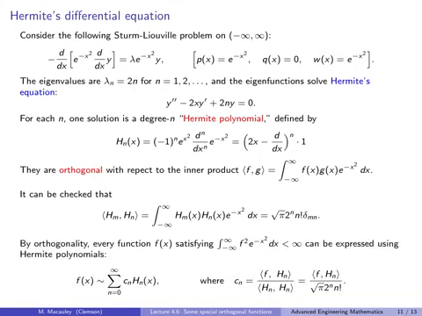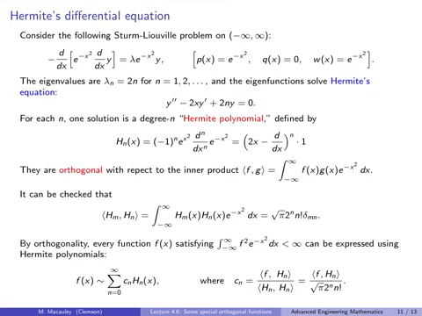By orthogonality and the main theorem of Sturm-Liouville theory, every function f(x) that has finite norm, in other words, the integral of f squared times e^(-x^2) over the real line is finite, can be expressed using Hermite polynomials. In other words, there is some unique infinite linear combination, the sum of Cn Hn(x), that converges to f(x) in that weird norm with this weight.